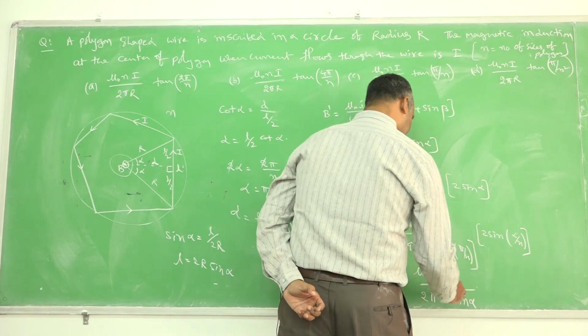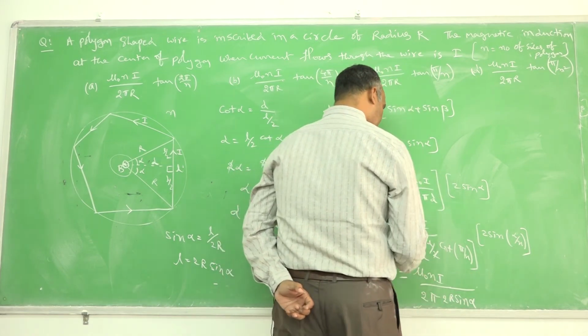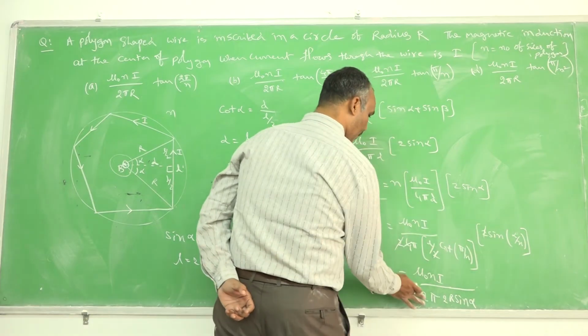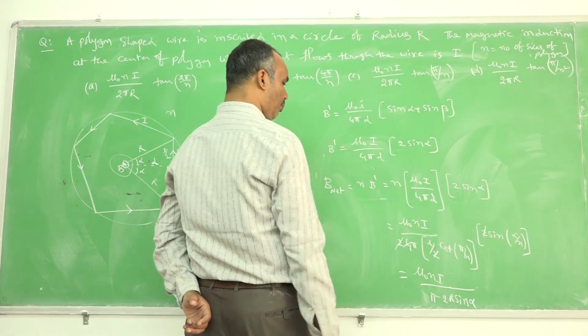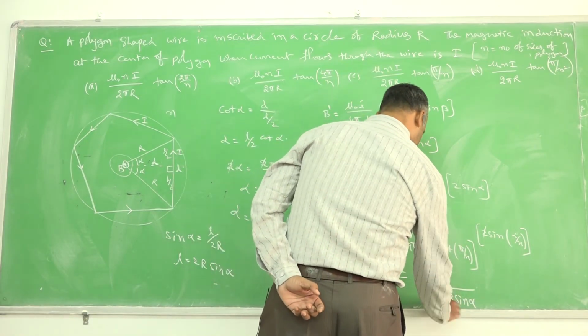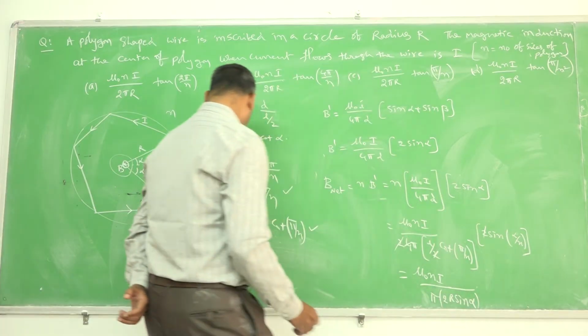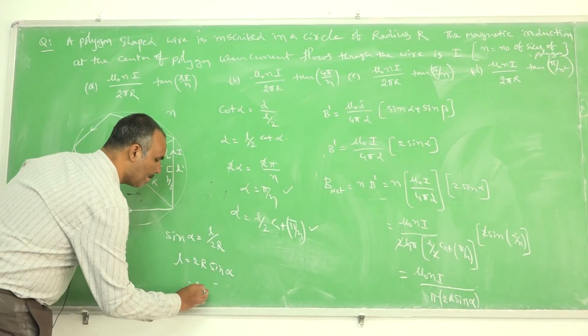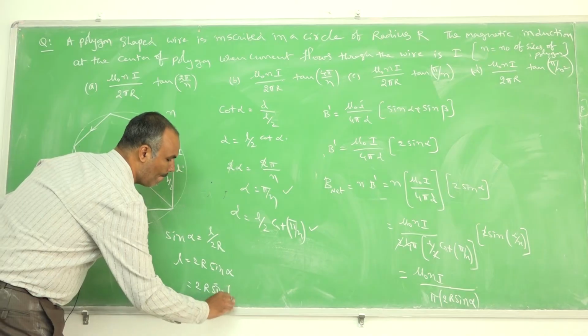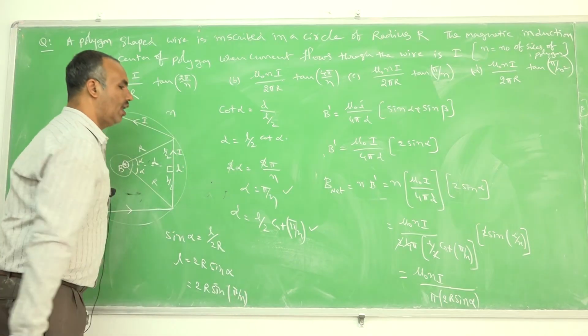This 2 and this 2 also get cancelled. Again, alpha means pi by n.